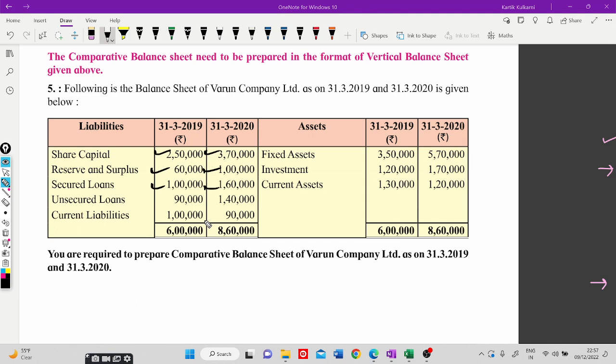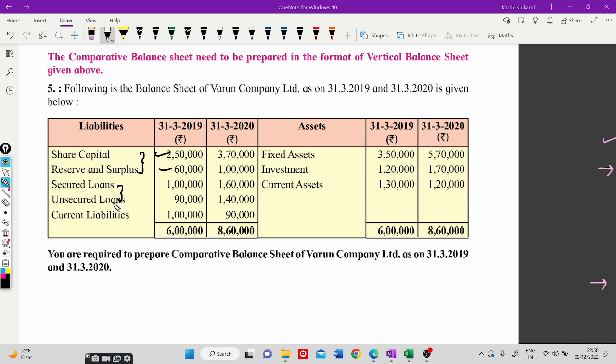So let's solve this problem. First, we can see here, just as we discussed, we have been given the liabilities and from this we can classify share capital and reserves and surplus, these 2 total, as shareholders fund.